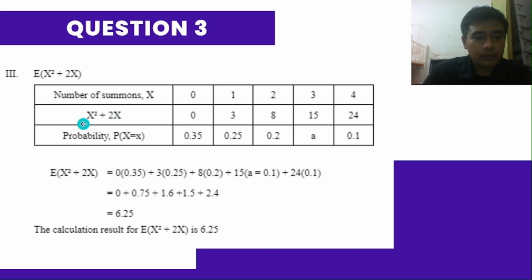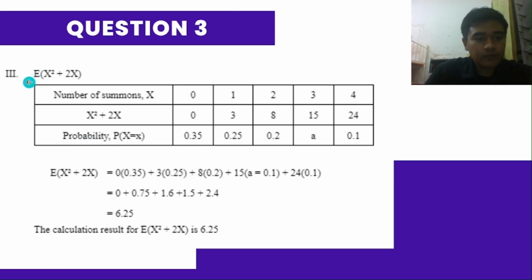For example, for 1, we put 1 in, power of 2 gives 1, and plus 2 times 1 gives 2. Adding the values we get 3, so the right amount is 3. Same with 2, same with 3, and same with 4.